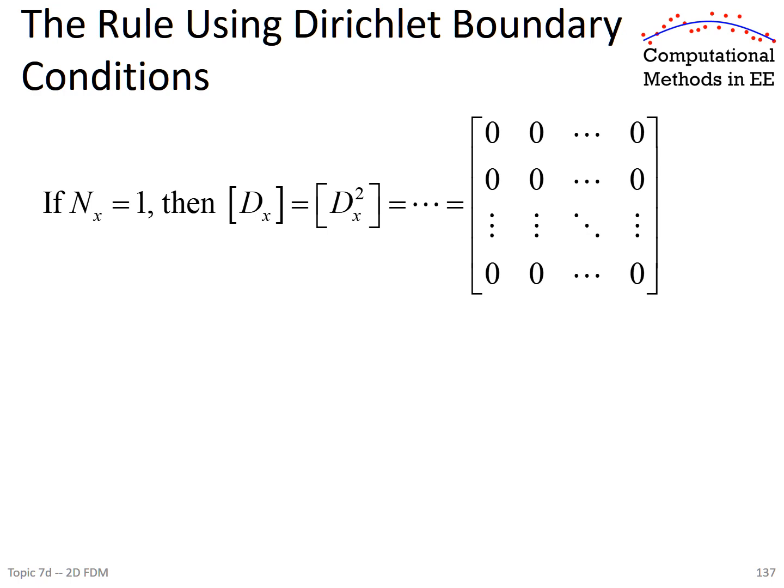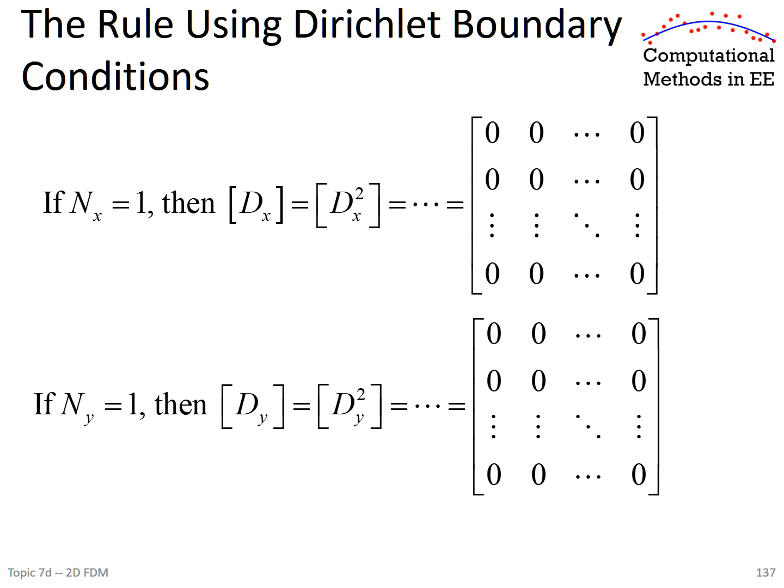The one thing that we have to keep in mind, though, is a special check when we're doing the x derivative matrices. If the size is only 1, we need to make an all zeros matrix. If you don't do that, you'll end up with one or two diagonals in your matrix. So when nx is just size 1 and it's also an x derivative, your derivative matrices should be all zeros, assuming you're using Dirichlet boundary conditions.